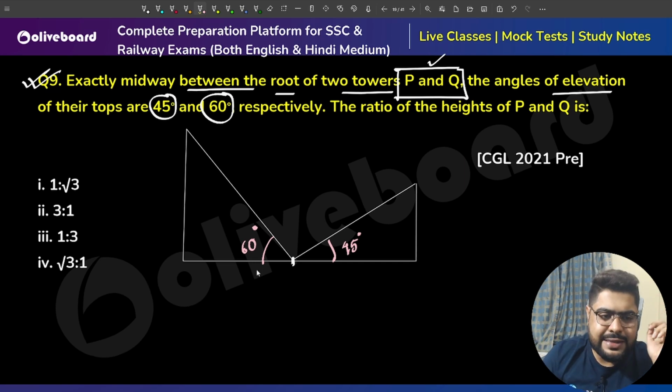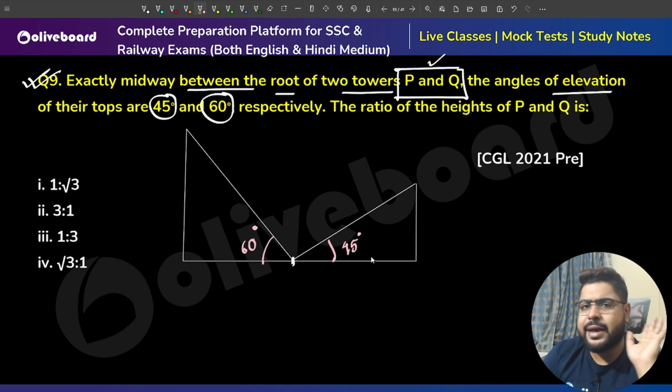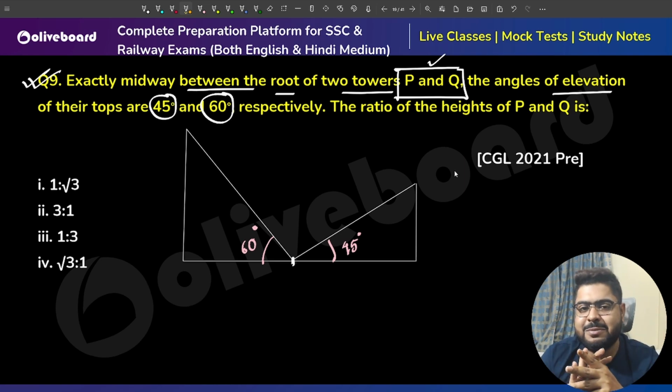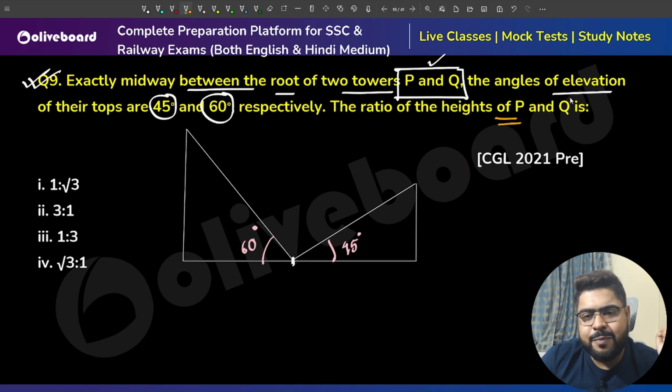The angle that is greater I'm taking as 60, the smaller-looking one as 45. It won't affect your results if you take it the opposite way, but it is not as soothing to look at. Now they ask the ratio of the heights of P and Q.